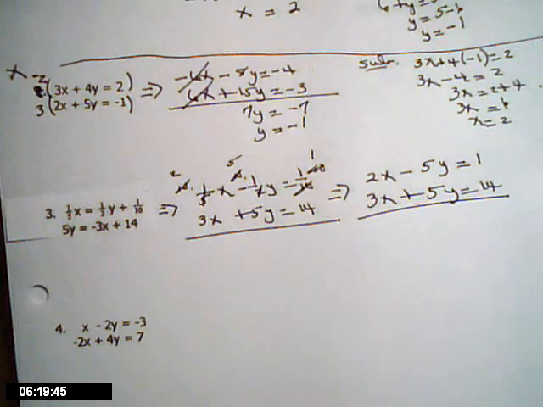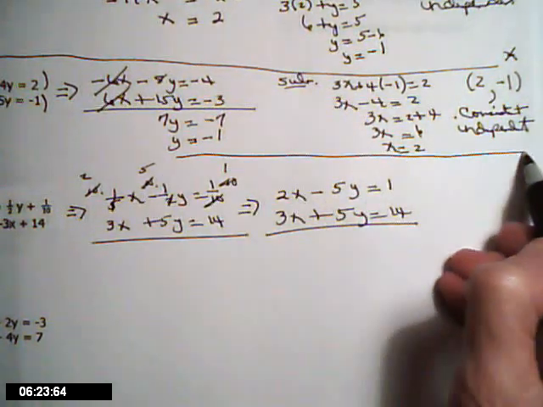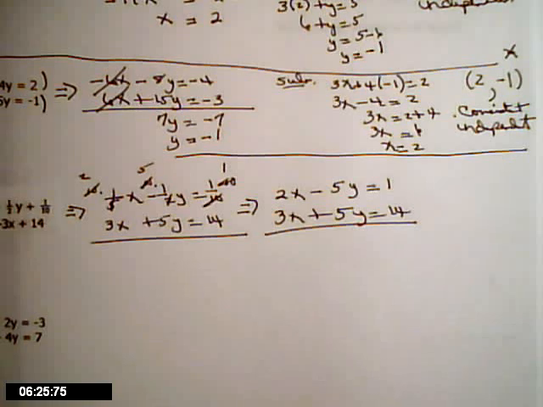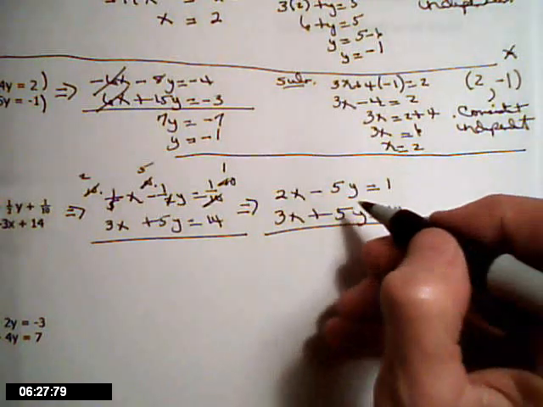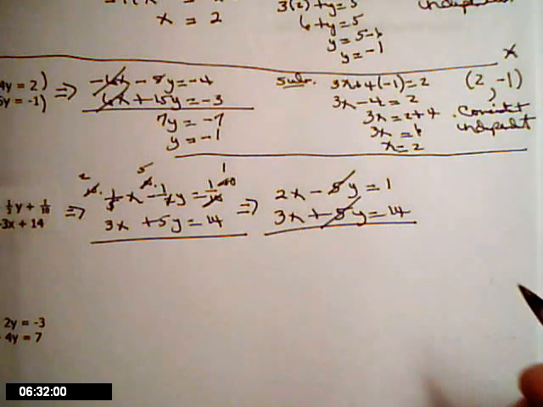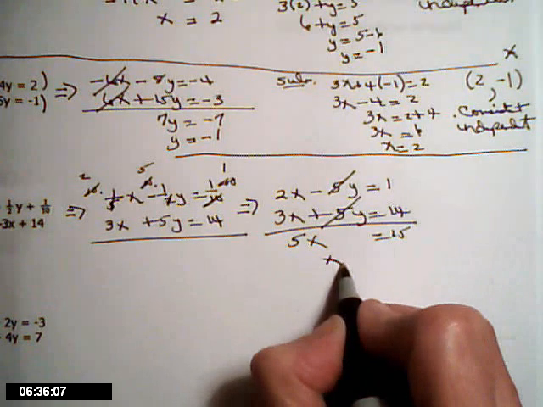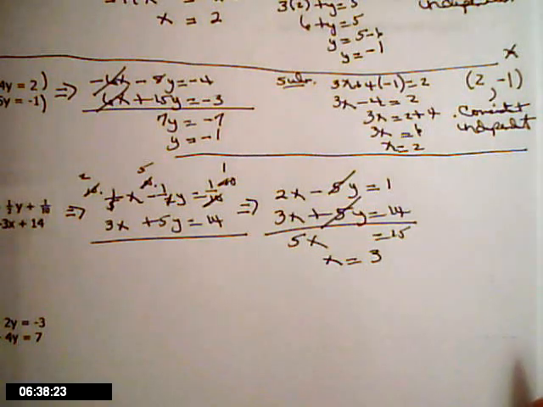Now, I need to get rid of one variable, and what we need to get rid of would be the y, because 5y minus 5y eliminates itself. So I have 5x equals 15, or x equals 3.